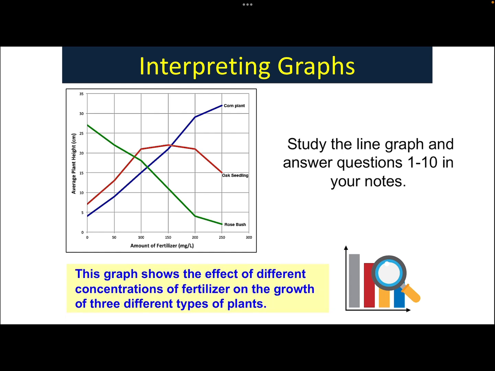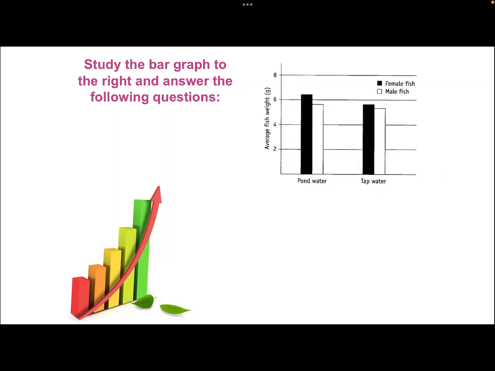It is also included in your notes. This graph shows the effect of different concentrations of fertilizer on 3 different types of plants: corn, oak seedlings, and rose bushes.